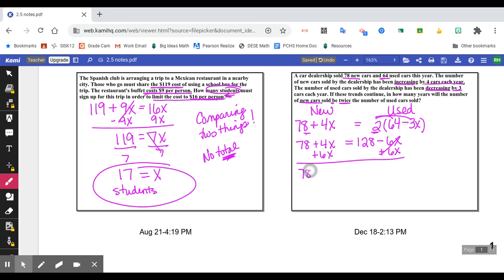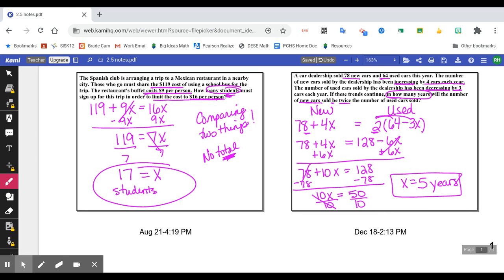That gives me 78 plus 10x equals 128. Subtract 78 from both sides, and we get 10x equals 50. Divide by 10, and x equals 5. In how many years will it happen? So in 5 years, the number of new cars will be twice as many as the used.